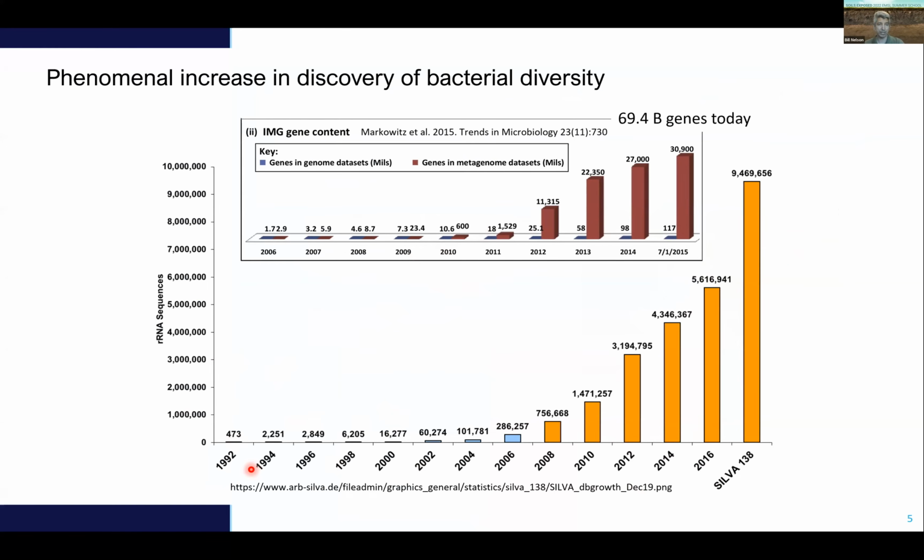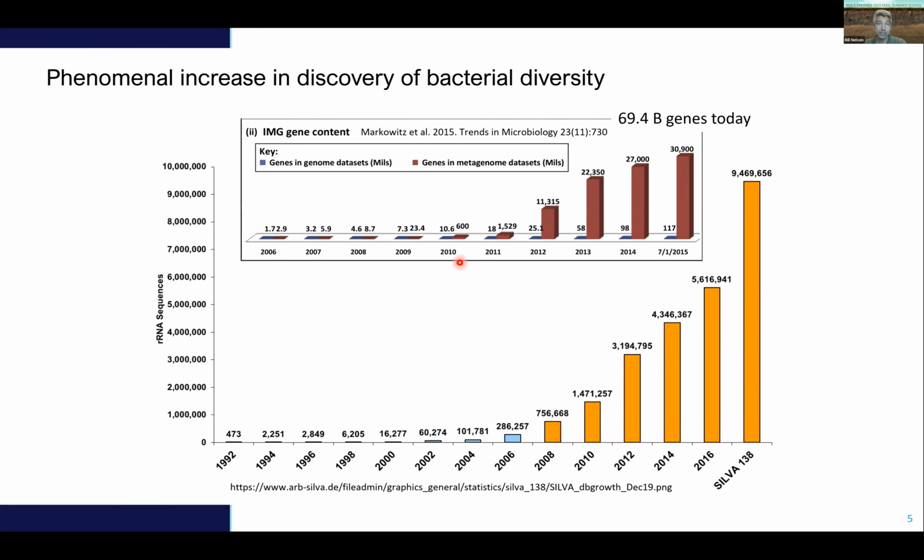It started when they started collecting sequence data back in the 90s. And you can see that when next generation sequencing came along, there was an exponential growth in the number of organisms that were detected, to the point that there are 9.5 million individual sequences in that database at this point.